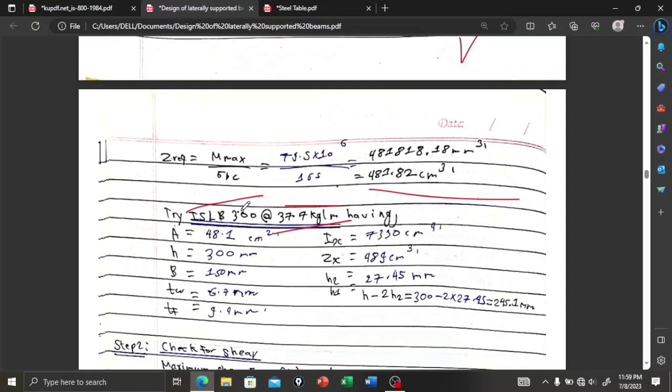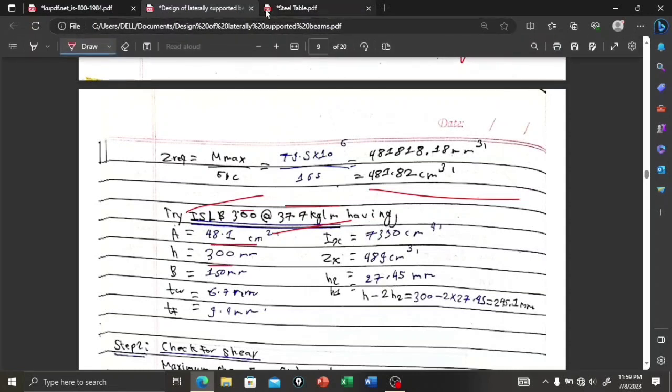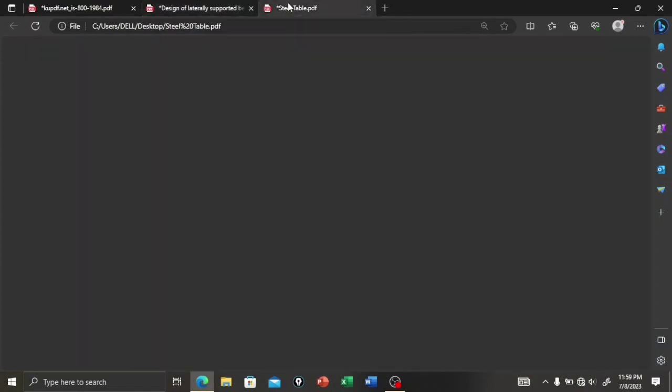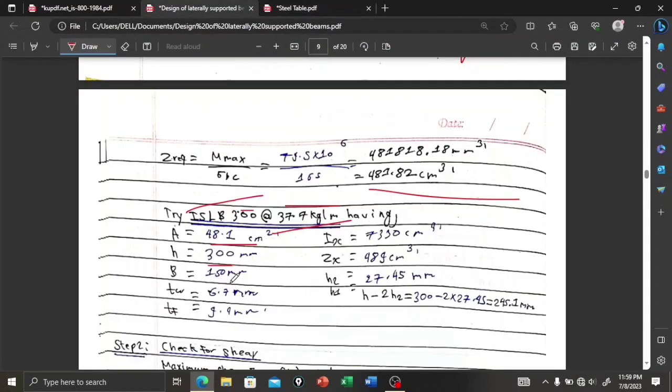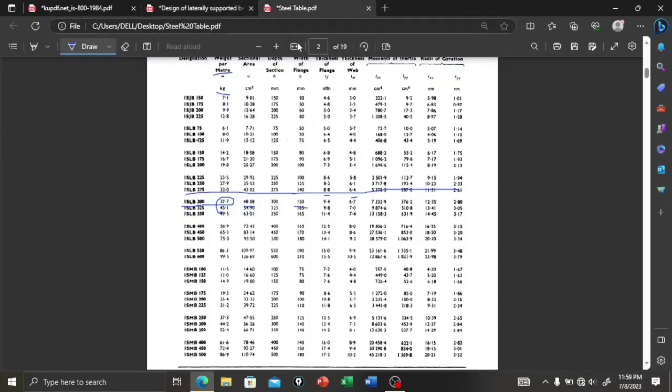Area is 48.1. B is 150. TW and TF are 6.7 and 9.4, both in mm.